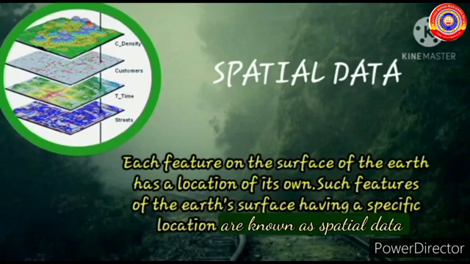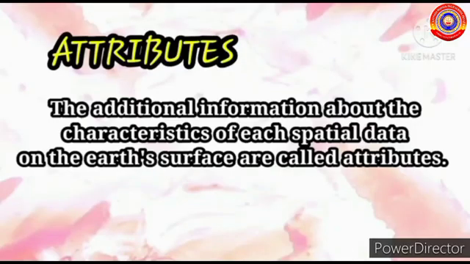Such features of the earth's surface having a specific location are known as spatial data. Second one, attributes. The additional information about the characteristics of each spatial data on Earth's surface are called attributes.